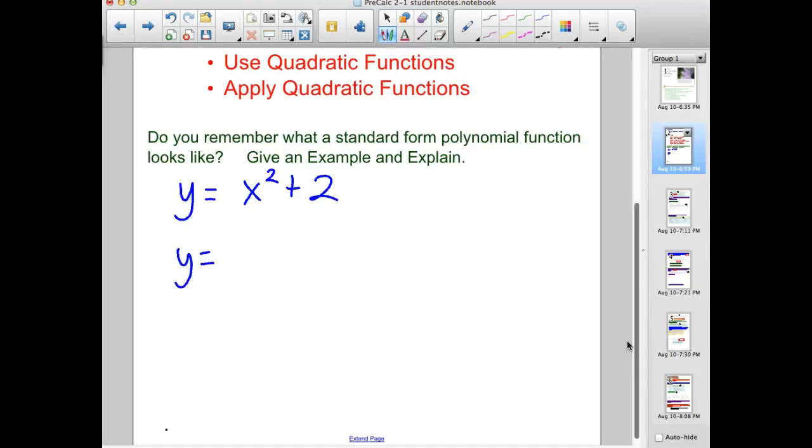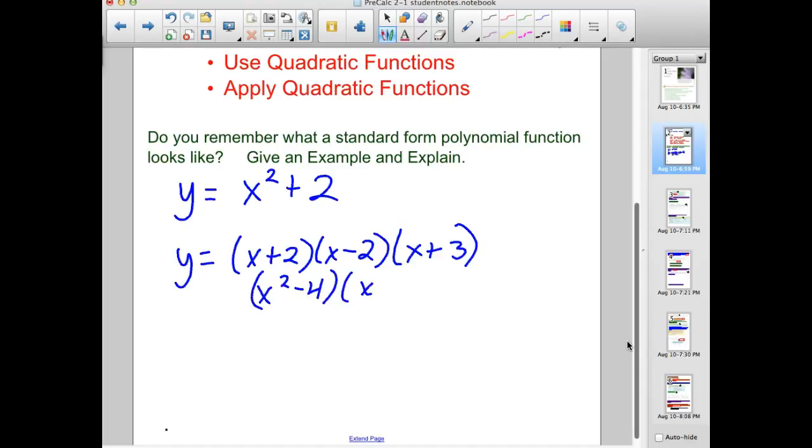So if I said, say, x plus 2, x minus 2, x plus 3. If I put all those together, multiplied it all out, I'd get a nice polynomial. All right, what do we get here? Okay, and if we FOIL that with the x plus 3, we get what?